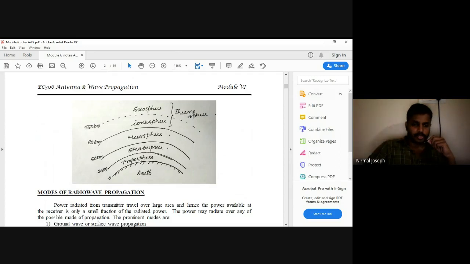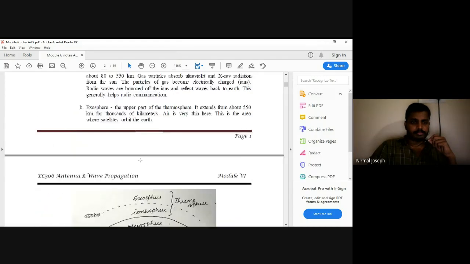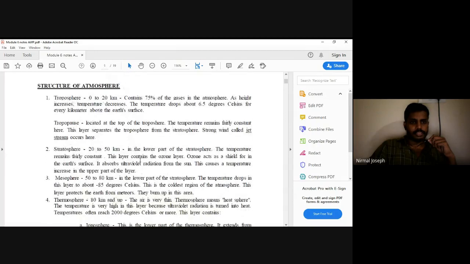Moreover, if we consider the mass of the total atmosphere covering the Earth, 75 percent of the total mass is concentrated within the troposphere, within this 20 kilometer distance. There is one more feature of the troposphere: as the height increases, temperature decreases.